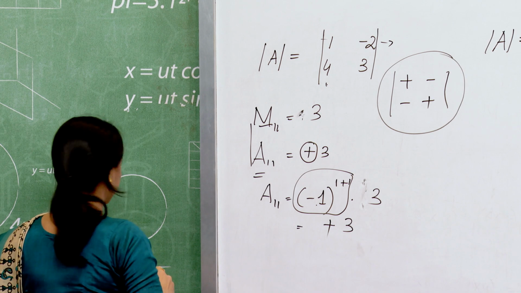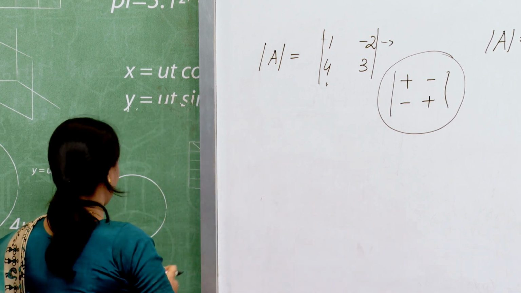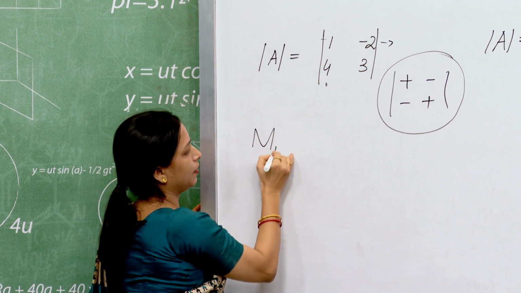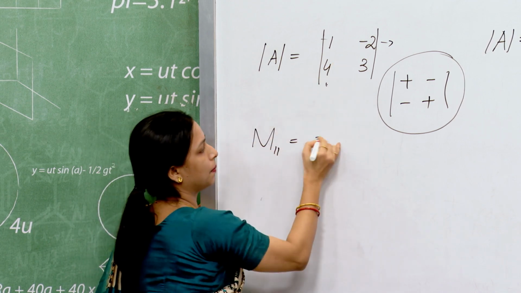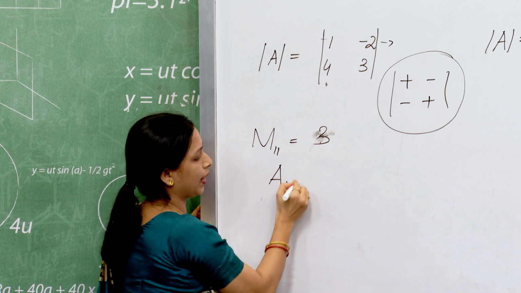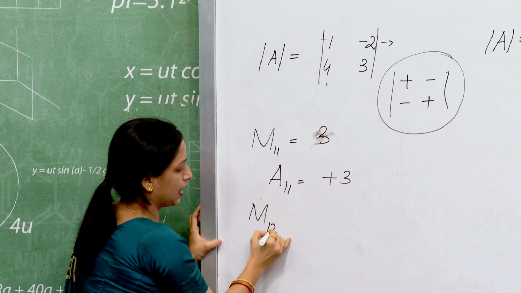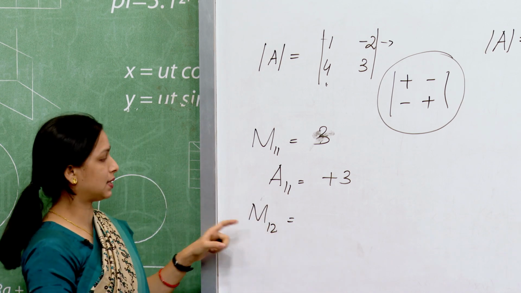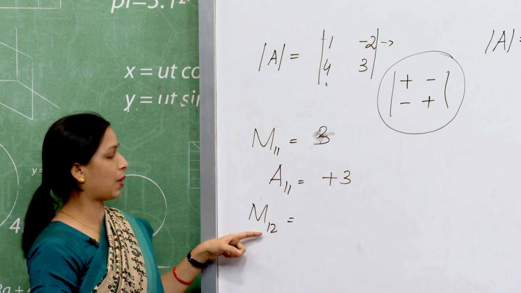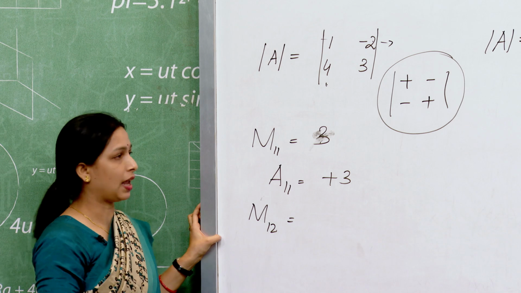Now, the minor of A11 is plus 3 and the cofactor is plus 3, same. Similarly, let us say M12, that means the minor of A12, in which the element A12 exists.